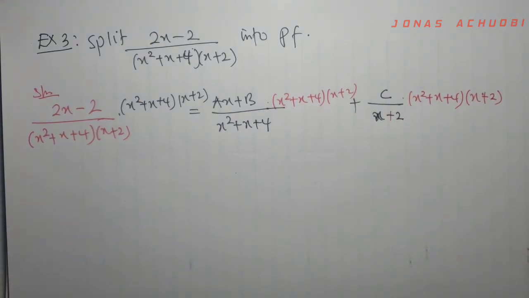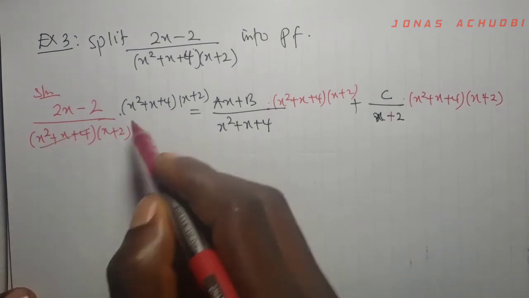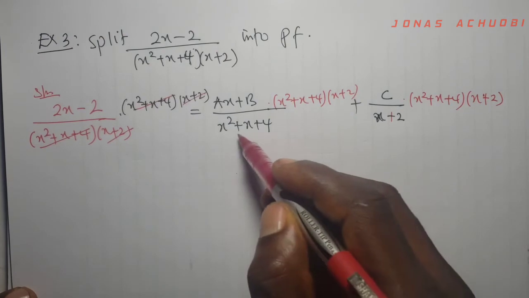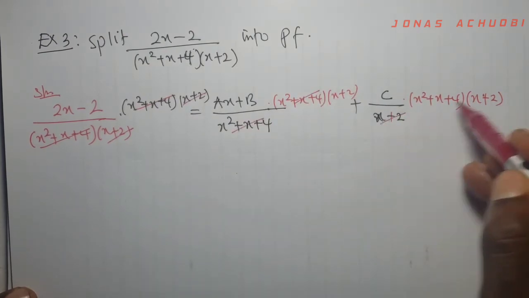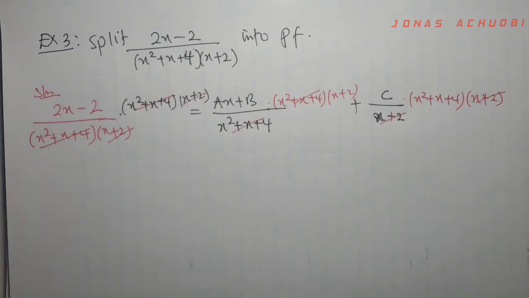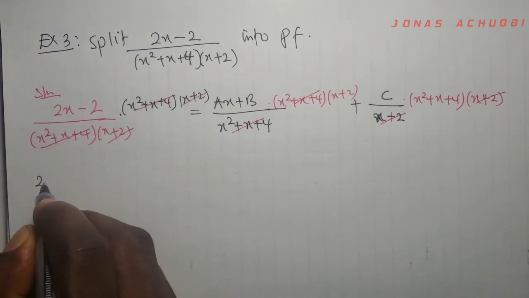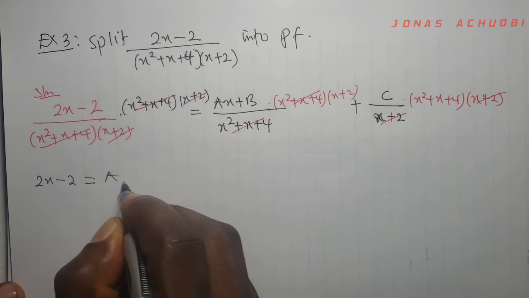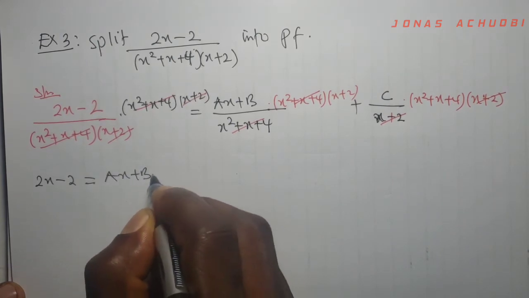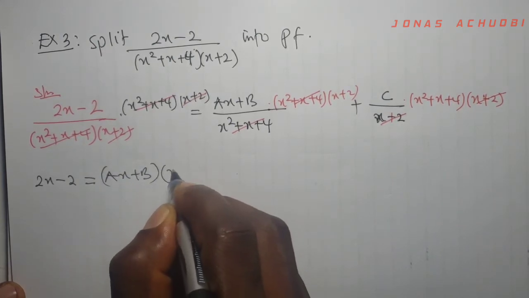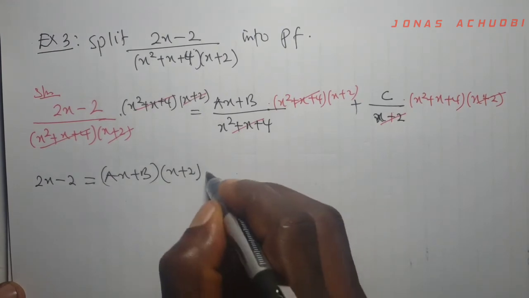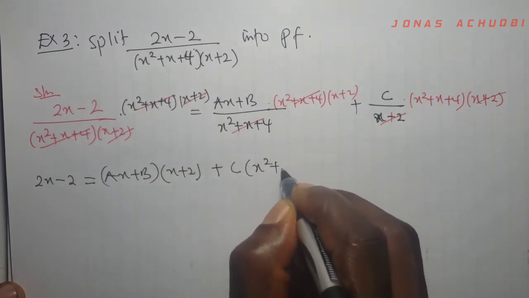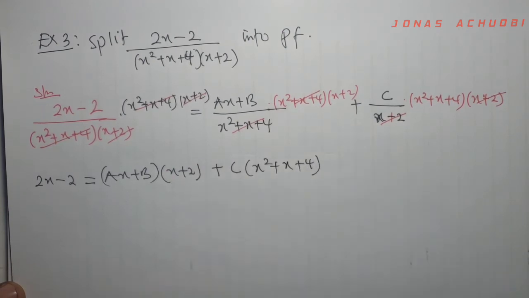So this factor will knock this off. This other factor knocks this one off. This will knock this off. And I write down what I have. I have 2x minus 2 equal to ax plus b into x plus 2 plus here I have c into x squared plus x plus 4.